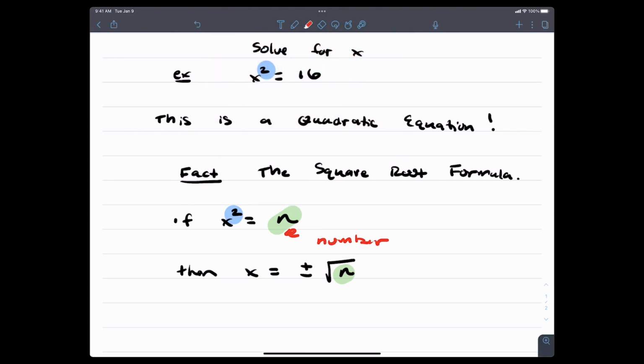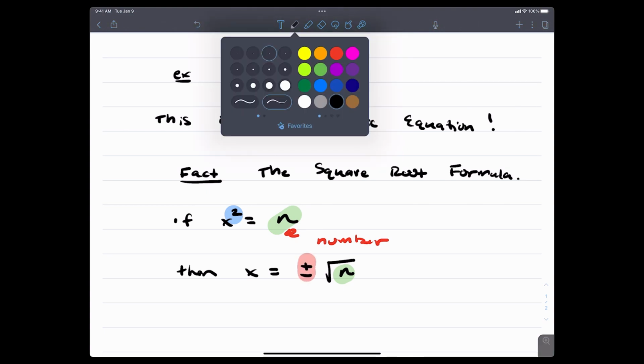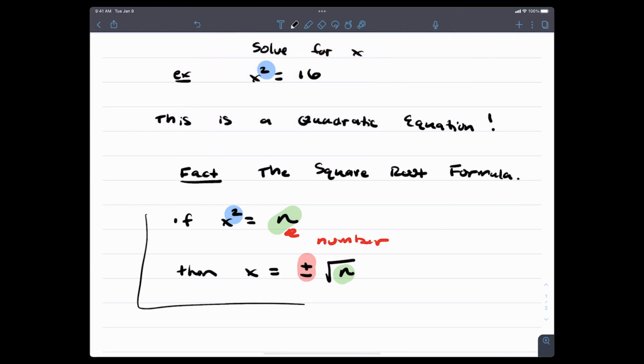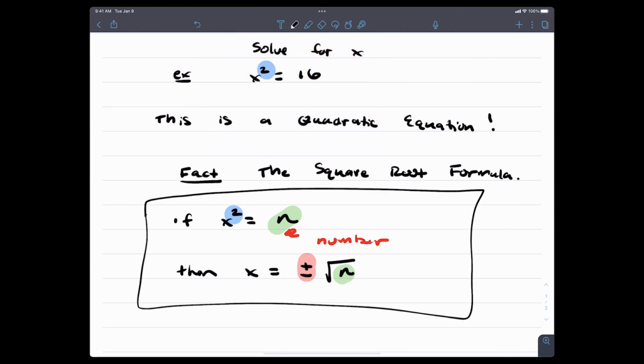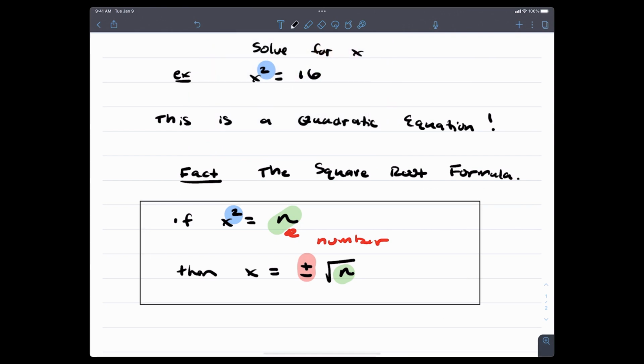And I want to really emphasize this is called the square root formula. This is the way you solve this very special type of quadratic.